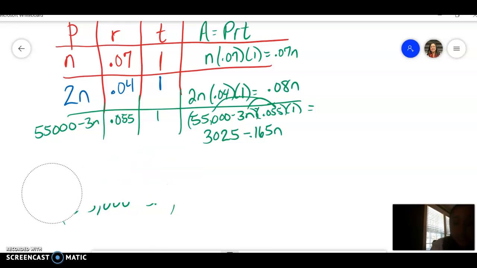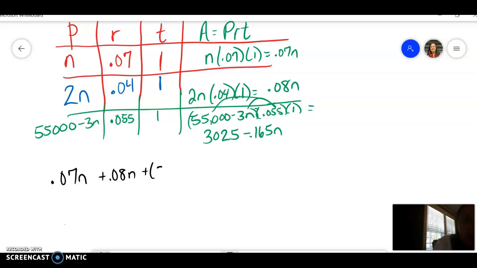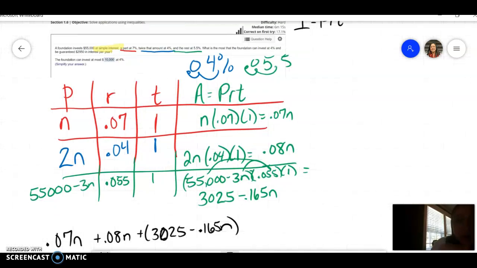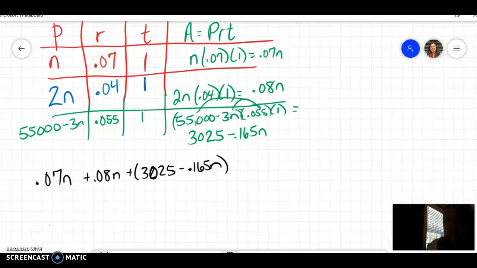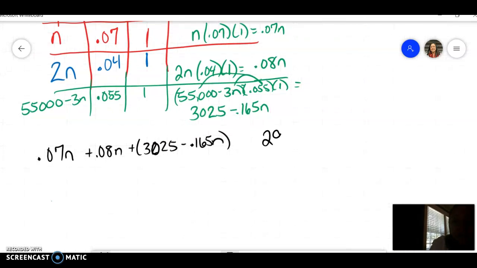Now, why is that helpful? Well, the problem said that when I take all of these interest rates that I have here, which is the 0.07n and the 0.08n and the 3,025 minus 0.165n, when I add those together, look at that word problem there, I want to be guaranteed 2,950, which means I can have more than that, but I definitely do not want to have less than 2,950.